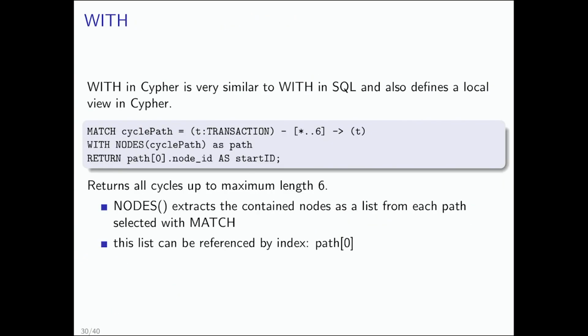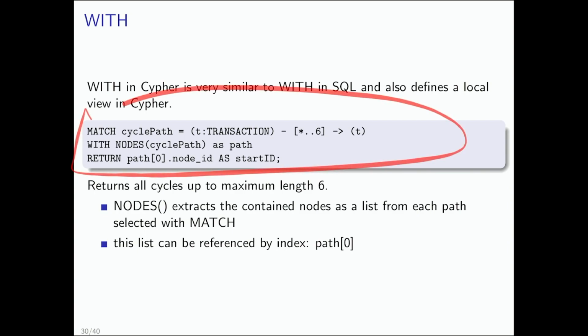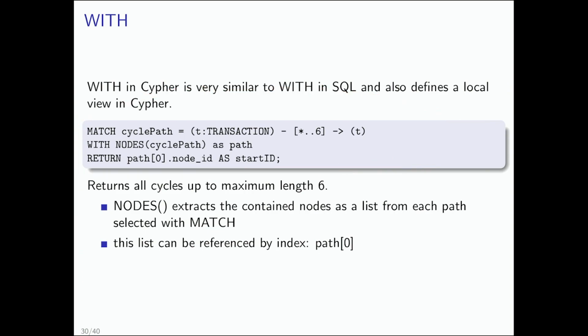You also have a with statement similar to SQL that also defines a local view. Here is an example that returns all cycles up to maximum length 6. What we used in the recursive SQL statement, or in the non-recursive SQL statement by adding one join for each hop we're doing in the graph, can only be expressed here just by this number.